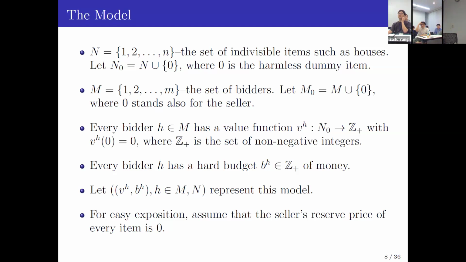Now I still use integer values because I have a dynamic auction. The increment, the unit of adjustment, is just 1 unit. Therefore, I use integer values. Every bidder h is associated with a hard budget.